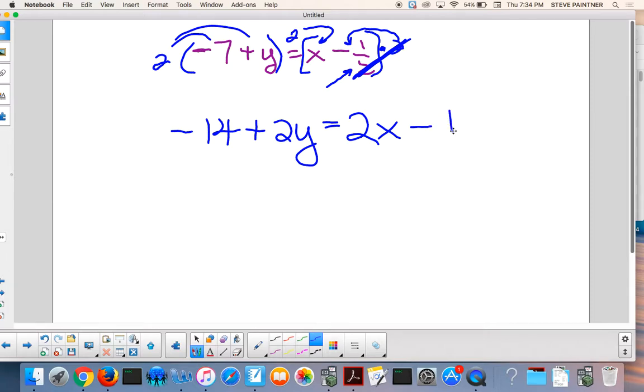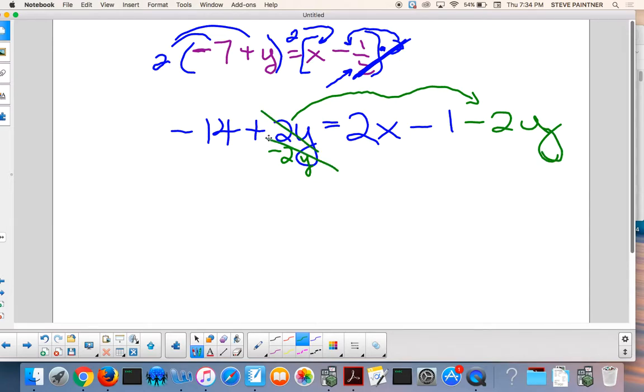Looking at the x term, it's positive. Leave it. Don't touch it. Move this over with the x term. Subtract 2y, subtract 2y. Okay. Out with the y's. And now that 1 over there needs to go over here with the 14. Again, show your work.